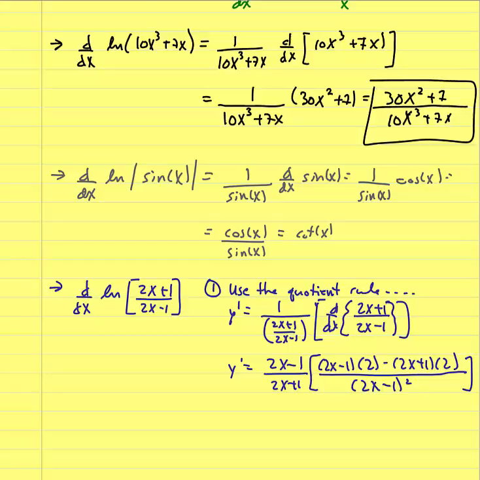Okay, so simplification here is definitely going to be an issue. 2x minus 1 cancels with one of these on the bottom. And let's see what we have for simplification. So I have y prime equals 2 distributed would be 4x minus 2 minus 4x minus 2 all over 2x plus 1 times 2x minus 1. And of course this is going to simplify a little bit more.